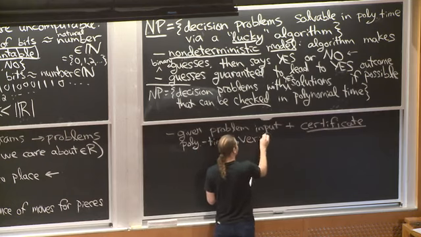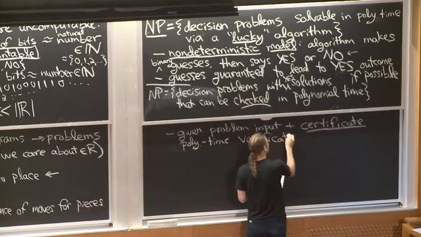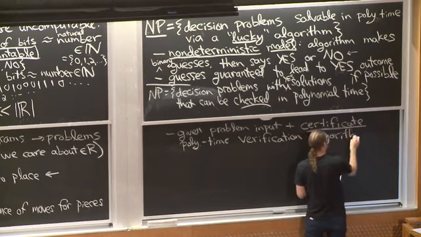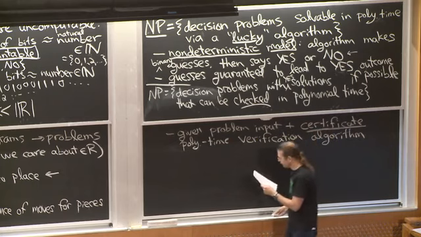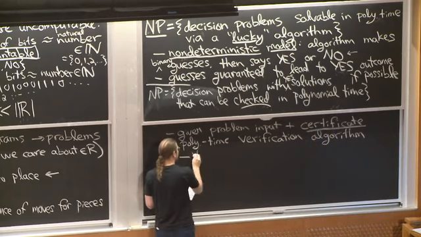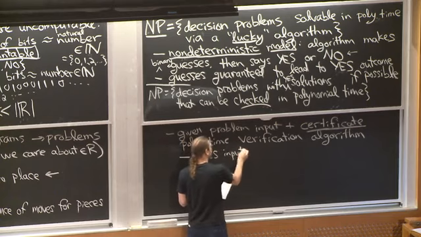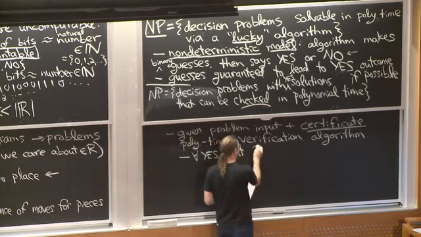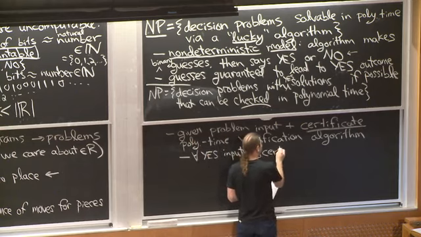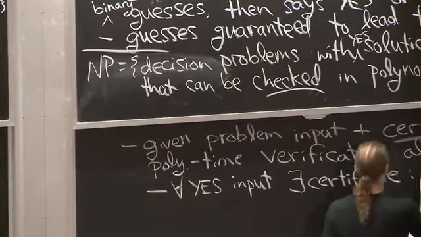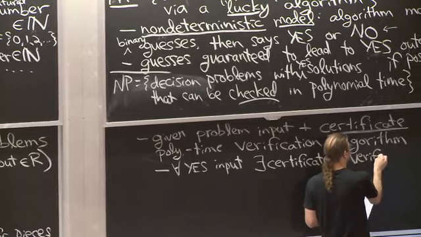The verifier satisfies two properties. One is for every yes input, so every input where the answer is yes to the problem, there exists a certificate such that the verifier says yes.